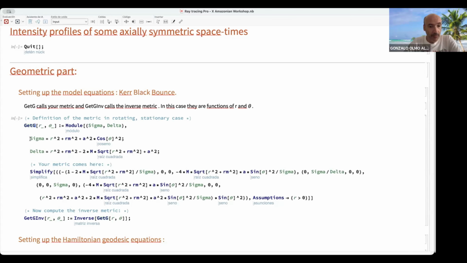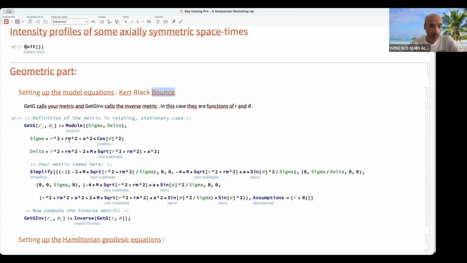And it is of the Kerr-like form, because they have this parameter a that is associated with the rotation, but I have also added this Rm squared parameter that generates black bounces. So this particular line element corresponds to a Kerr-like black bounce.